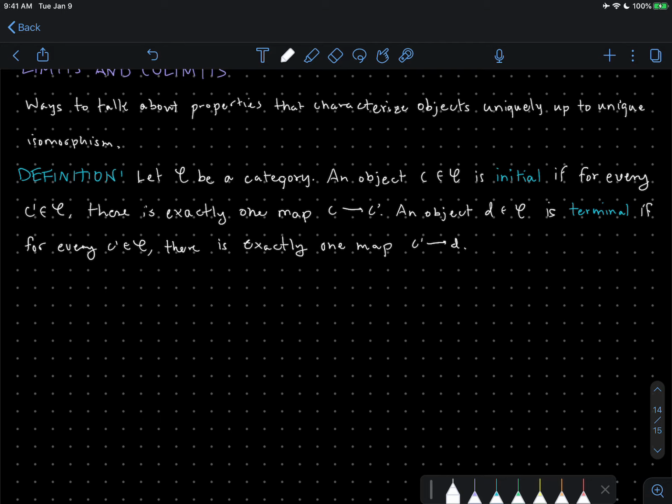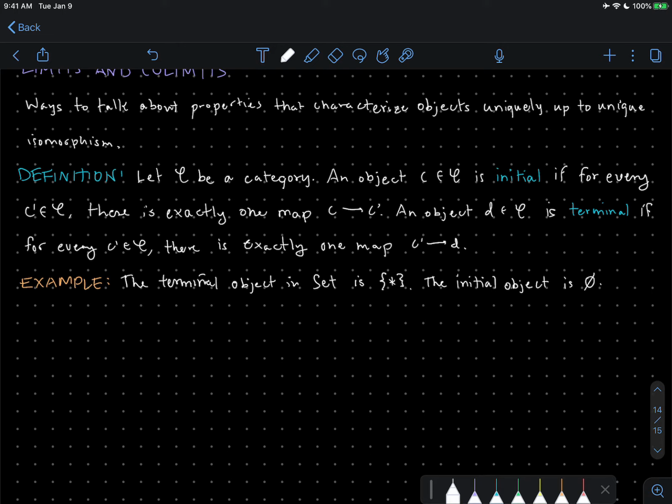So, for example, the terminal object in Set is the one-point set, and the initial object is the empty set.